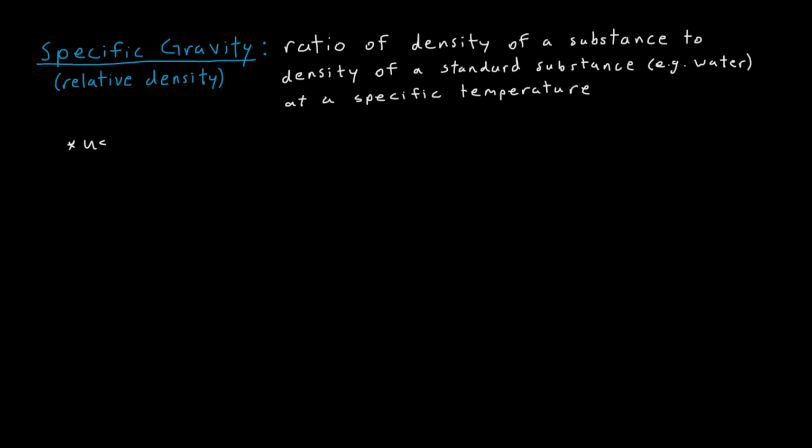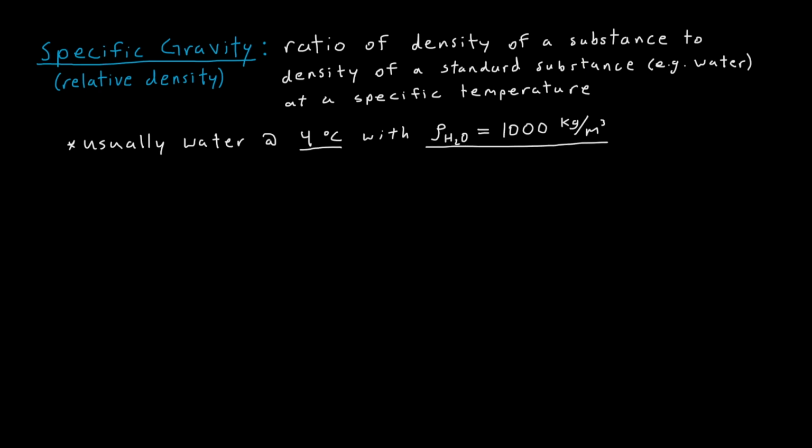And now this standard substance is usually water at 4 degrees Celsius with a density of 1,000 kilograms per cubic meter.